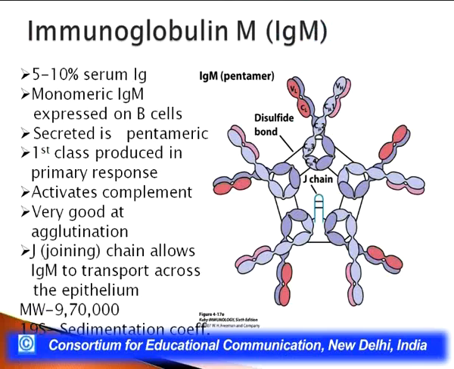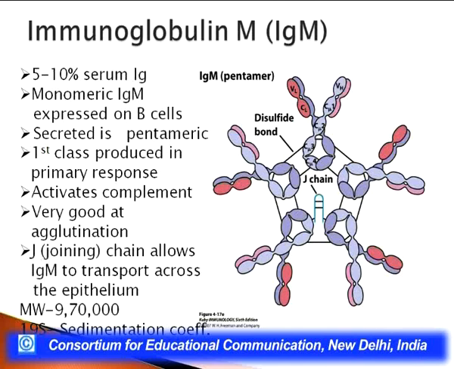Because it is pentameric in nature, the molecular weight, as I just told you, of the heavy chain is 50,000, the light chain is 25,000. So, each molecule is roughly 1,50,000, or it can be variable also, and in this case because they are pentameric in nature, the molecular weight of IgM happens to be 9,70,000 Daltons, while it has a sedimentation coefficient which is also very high, which is 19S.